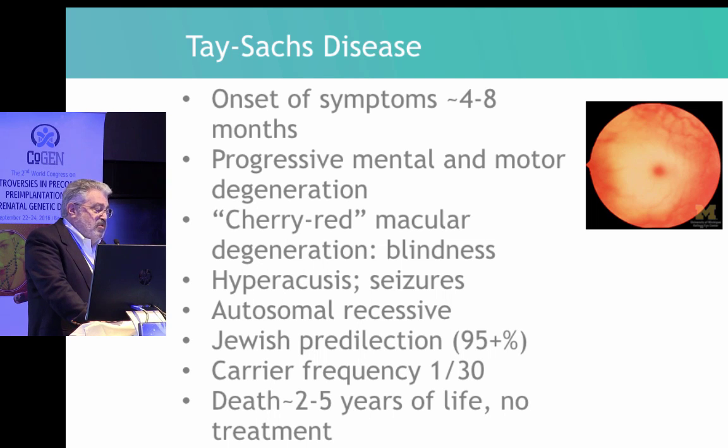I put that up there because this disease is becoming much less frequent. In many instances now, blindness is part of the disorder, and when these kids start losing vision, they're taken to the ophthalmologist, and this is how the diagnosis is first suspected.